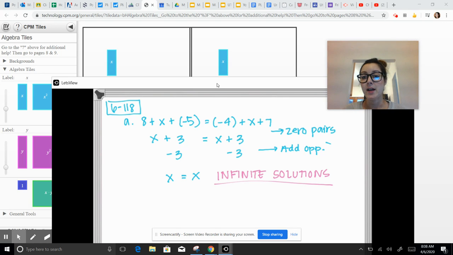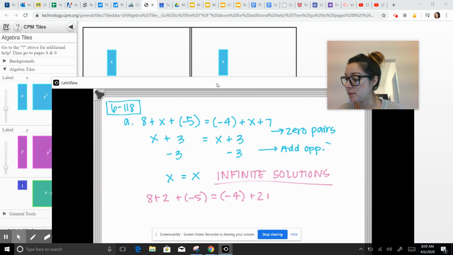If we use 2 for x, it will work. Let me show you what I mean. If I plug in 2, then that would be 8 plus 2 plus -5 equals -4 plus 2 plus 7.